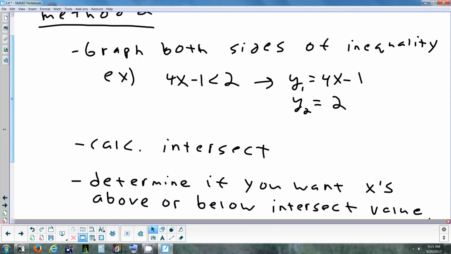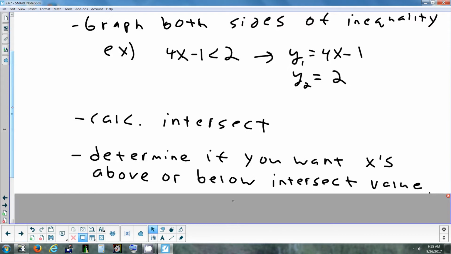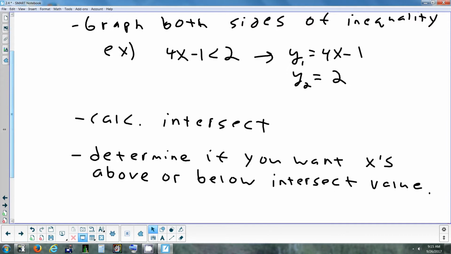Once you find the intersect, your answer is either going to be everything below that or everything above that. So we're going to do the same problem we just did again, but this time I'm going to do it as an intersect. Okay, so the advantage here is you don't have to rearrange anything before you start. You can just leave it the way it is.